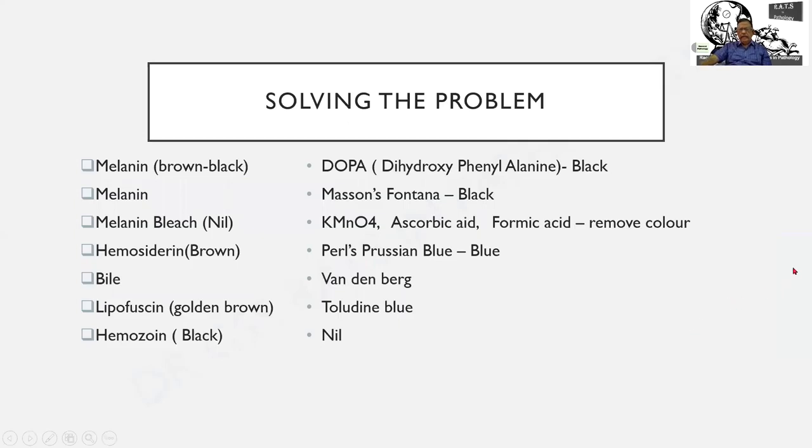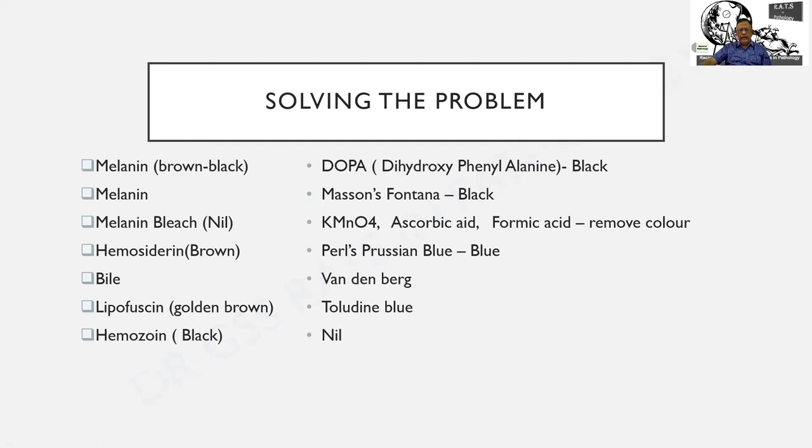Always, pigments are problems to pathologists because we find a golden brown color or a brownish black color in a number of conditions and we have to confirm the diagnosis, otherwise we will be missing it. As I mentioned earlier, there is a condition called amelanotic melanoma.